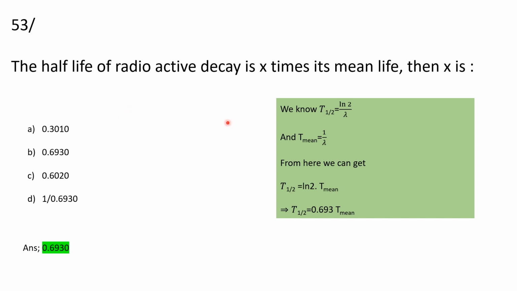We know that the half-life is equal to ln 2 by lambda, where lambda is the decay constant, and the mean value is 1 by lambda. So from here we can get that T half will be equal to ln 2 times T mean, and the ln 2 value is equal to 0.693. So T half will be equal to 0.693 T mean. So here x will come out to be 0.693, that is option B.